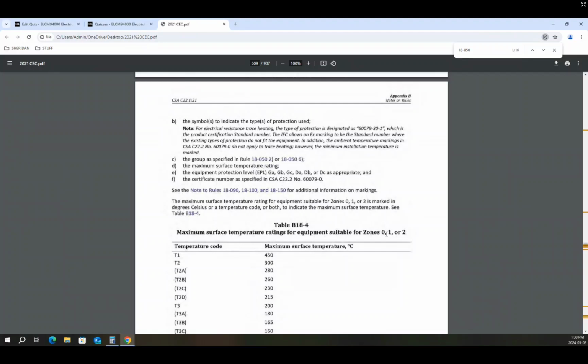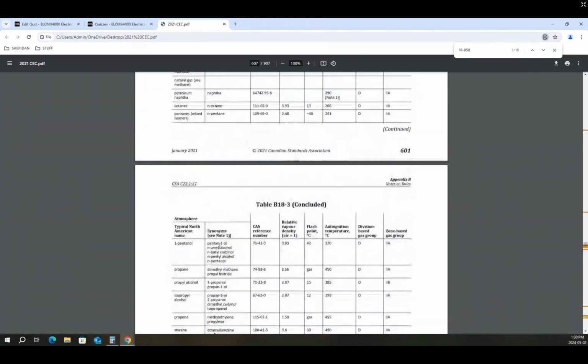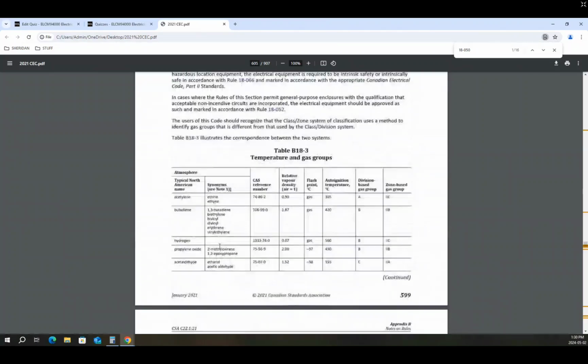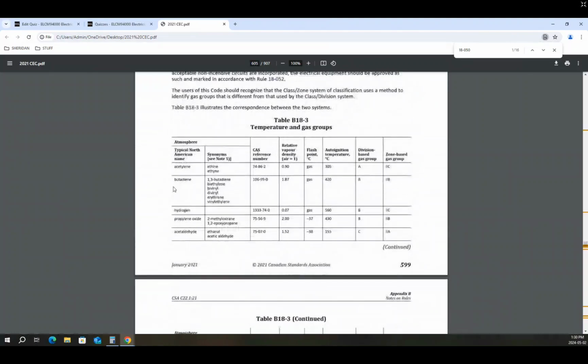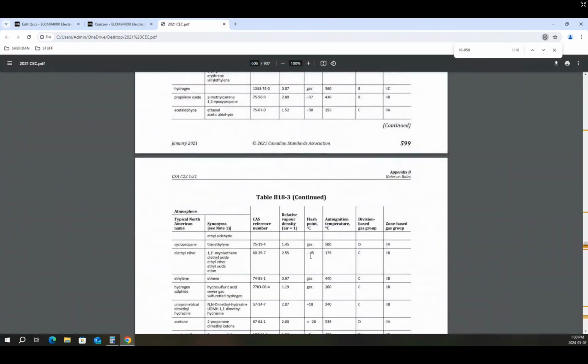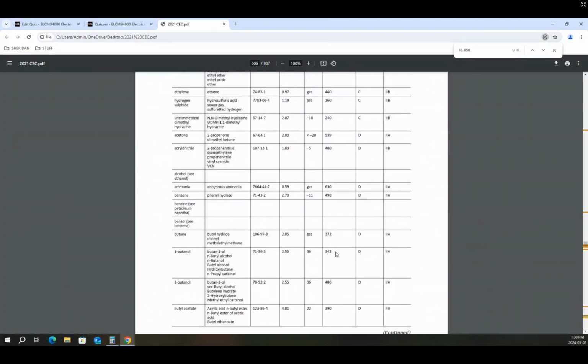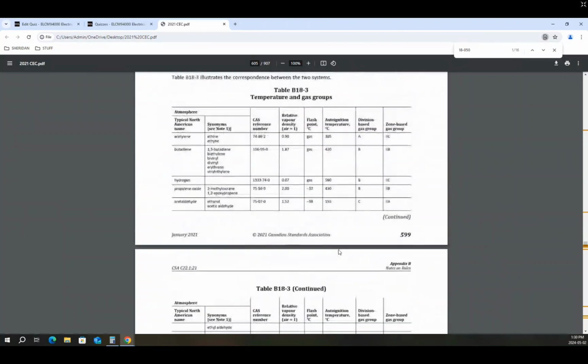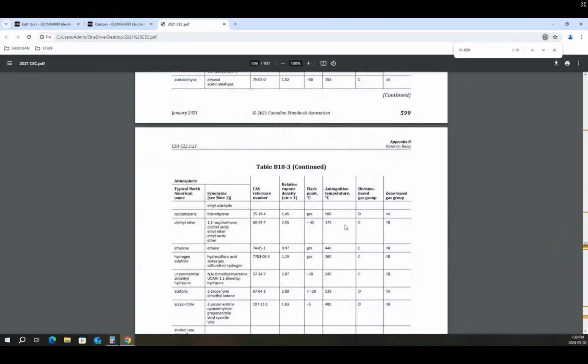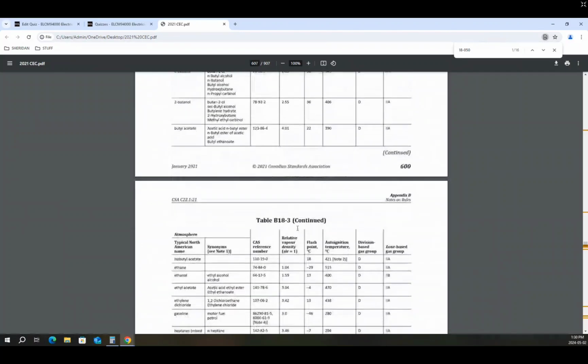Maximum surface temperature ratings for equipment in zone 0, 1, and 2. And I was at diethyl ether up here, which was auto ignition temperature of 175. Make sure I got that right. 2B, 175.